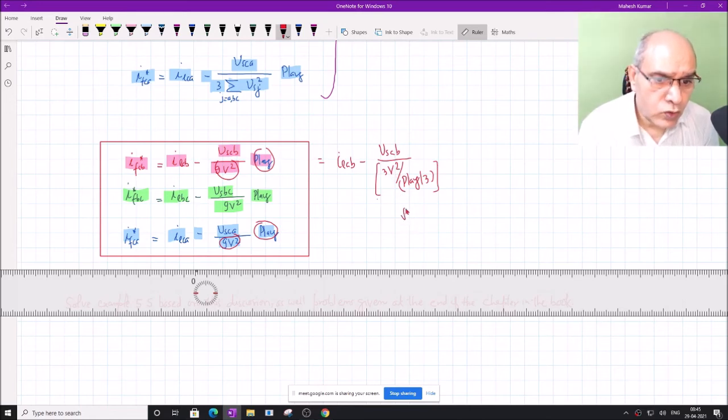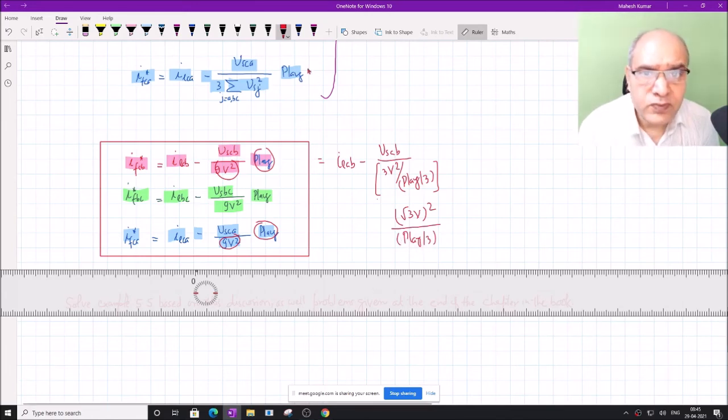It basically means root 3V square by PL average by 3. PL average by 3 implies the per phase power, the power shared by each phase, and root 3 means line to line voltage. So this is equivalent to, can you guess its dimension? Equivalent to R equivalent line to line. Or you can think of this as equivalent line to line.